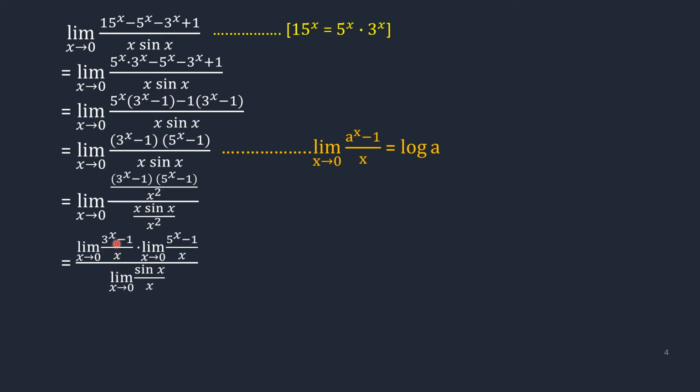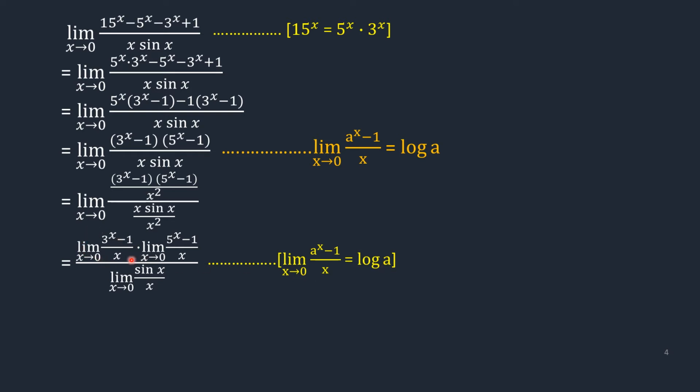These are the separate limits for each of these. See, 3 to the power x minus 1 over x, 5 to the power x minus 1 over x, and in the denominator sin x over x. Now we will apply the formula which we have learned, a to the power x minus 1 over x as x approaches 0 is log a.